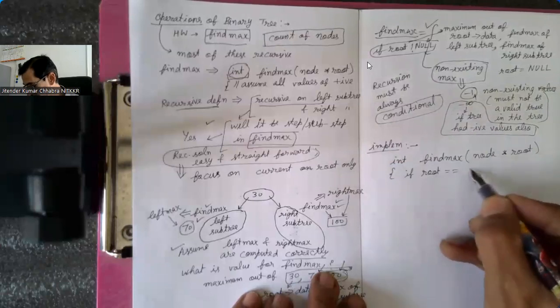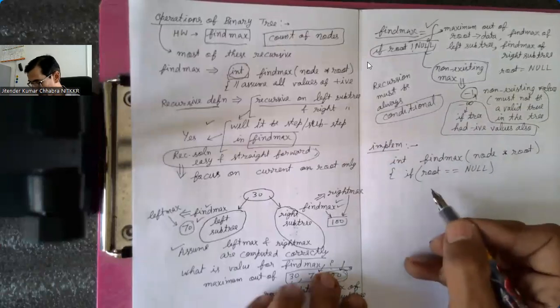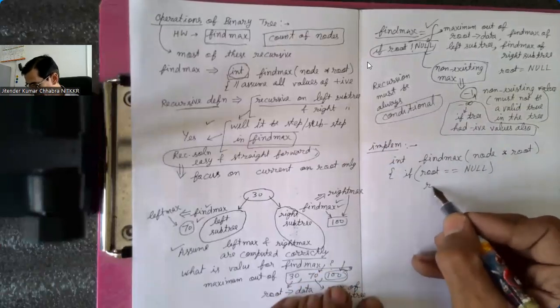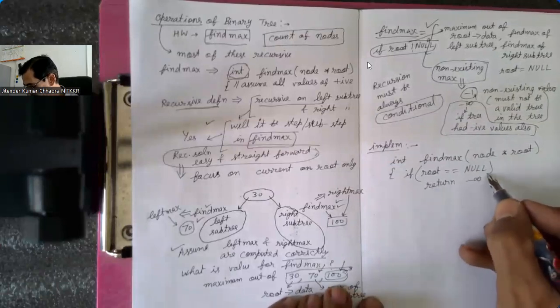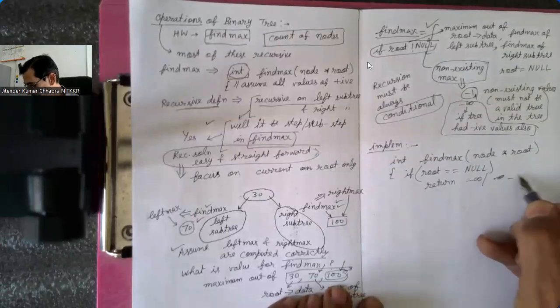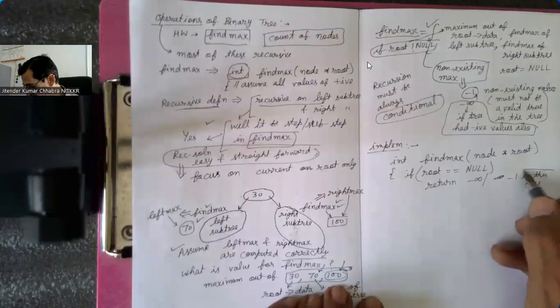If root equal to null, let's say. This means the tree is empty. Tree has nothing. So you could say return -1 or minus infinity in general. Or in this case, I could return -1. But minus infinity, of course, you can return theoretically.